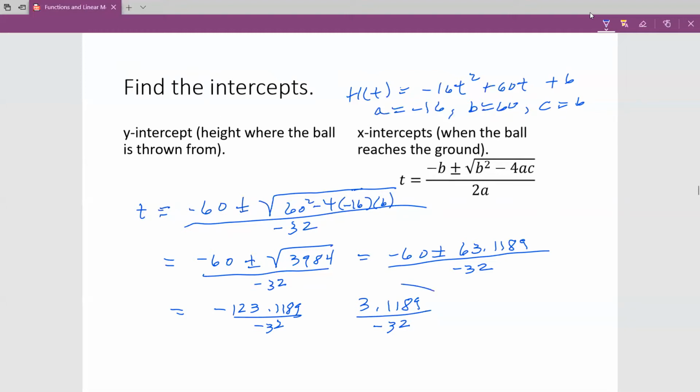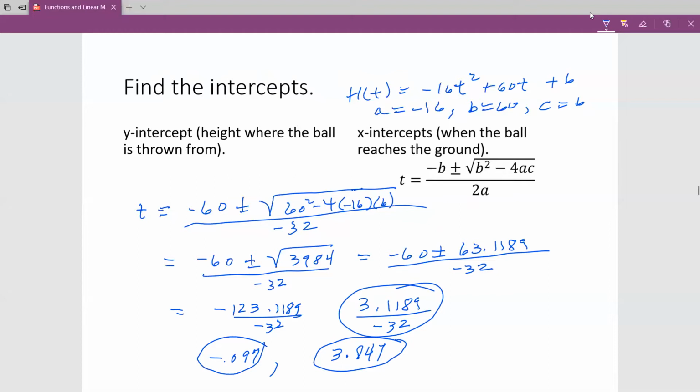So if we do that in order, the first one is minus 0.097, and the other is 3.847. And this is really the zero, or the time when the ball hits the ground. This particular one, since it's negative, before t equals 0, it really doesn't mean anything in this particular problem. This is the one that matters.